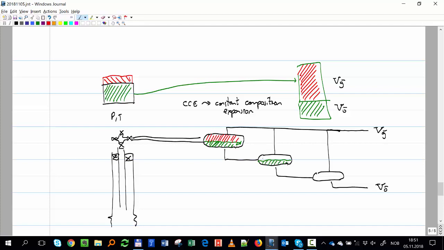Then I have another stage and another stage. They are only in equilibrium here. After that, this gas is not in equilibrium with that gas, and so forth.